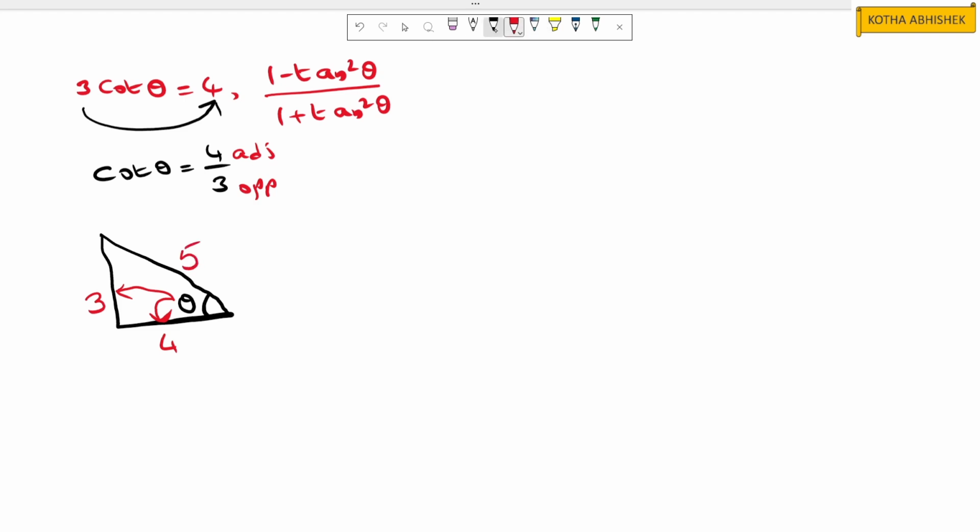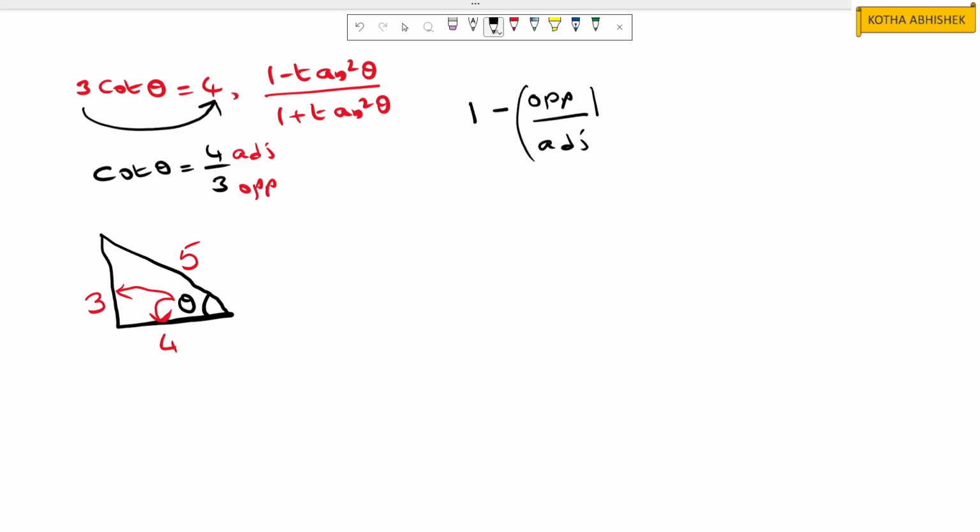Now, substituting in the formula. It is asking to find the value of 1 minus tan square theta by 1 plus tan square theta, right? So 1 as it is, minus as it is. Tan square theta can also be written as tan theta whole square, as we discussed in the previous. What is the formula for tan theta? Opposite to the theta divided by adjacent to the theta.